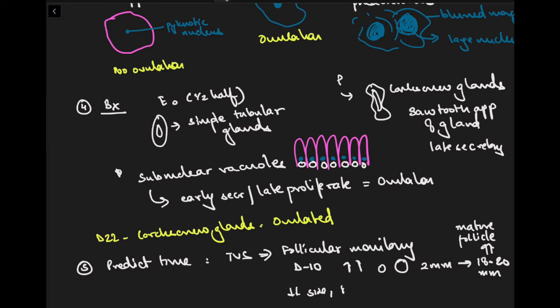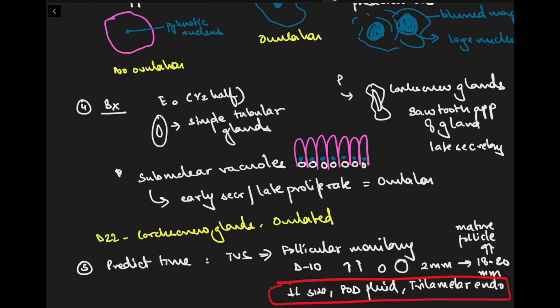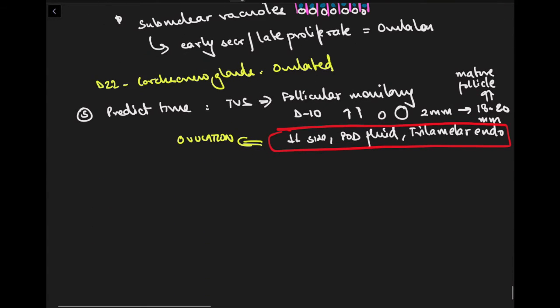Decrease in size of the follicle with fluid in the pouch of Douglas and a trilamellar endometrium signifies that the follicle has ruptured or ovulation has occurred. So there will be decrease in size. Why would there be fluid? Because the antral cavity has fluid in it, and the rupture of follicle would lead to release of this fluid.